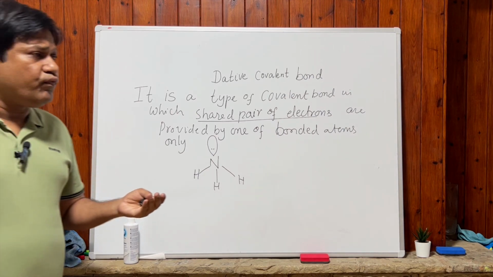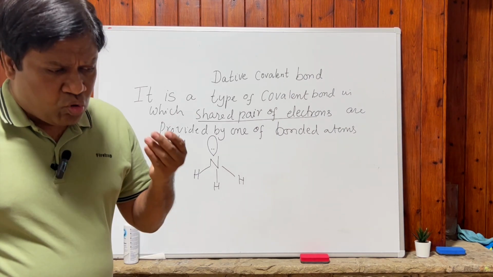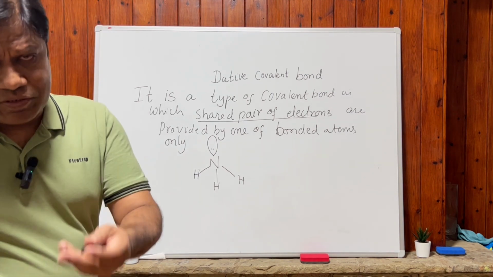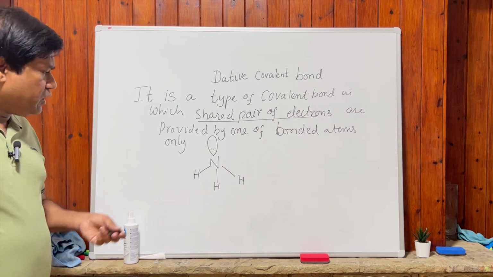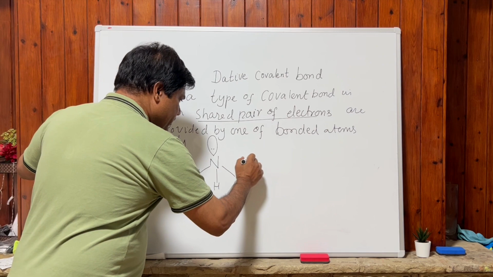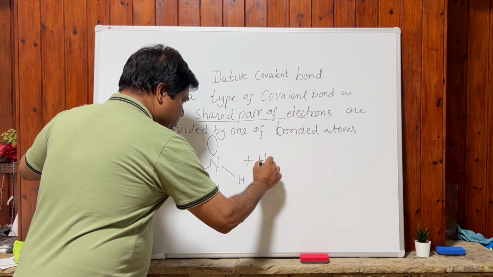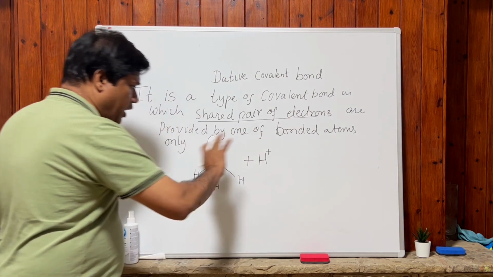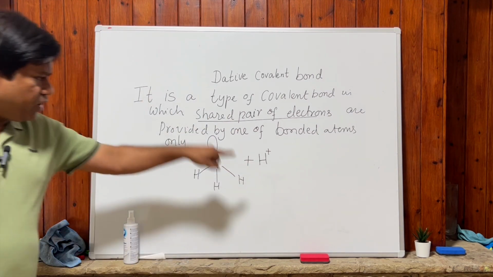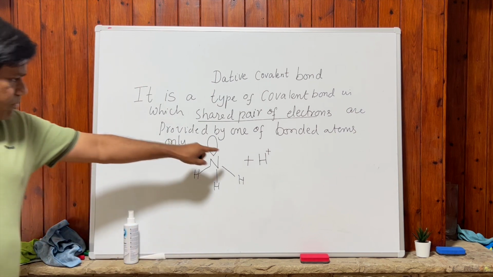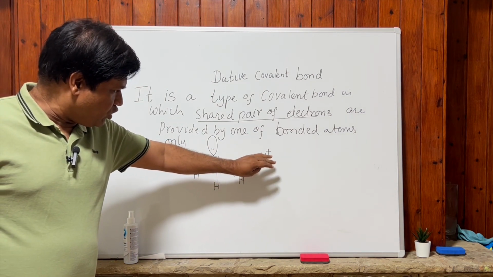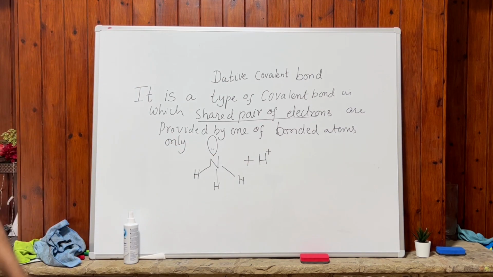This is the property of an acid. So all the acids give away H plus ion, that is a proton, when dissolved in water. This H plus ion has no electron. It has only one proton. Hydrogen has one electron and one proton, but H plus ion has lost the electron.